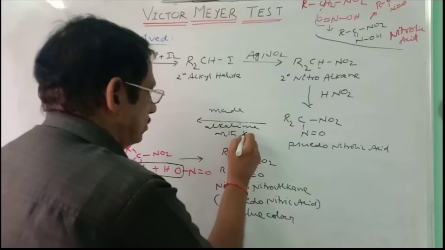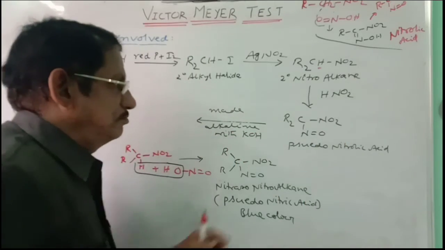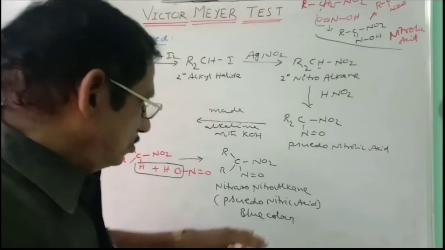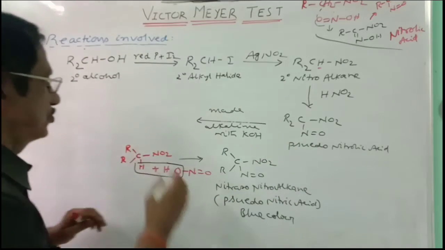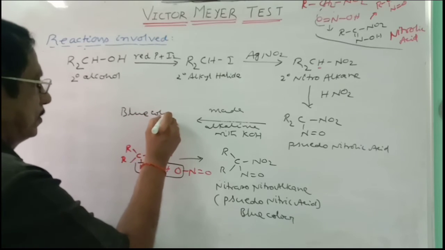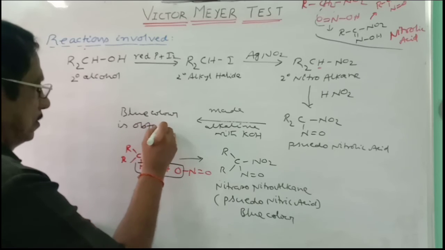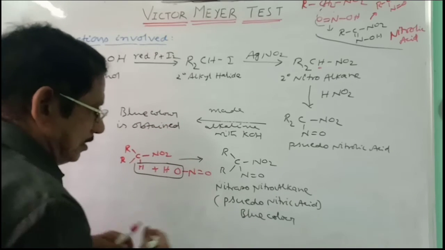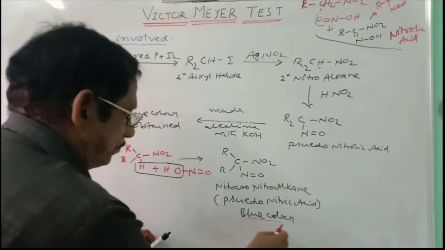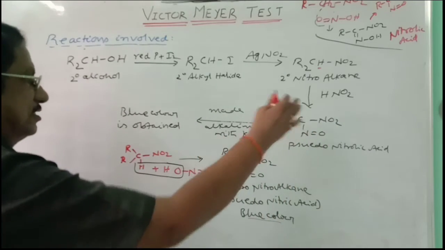Next, made alkaline with KOH. KOH does not react with this because there is no acidic hydrogen. So the same blue color is retained. Blue color is obtained. The same blue color remains here also, because there is no hydrogen and so KOH does not react with it.